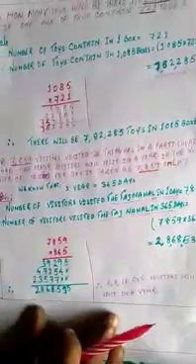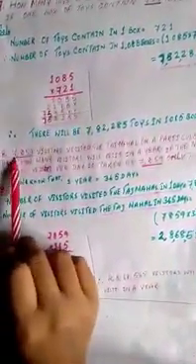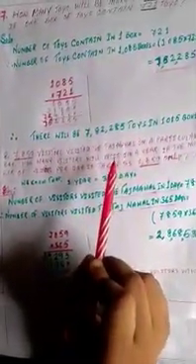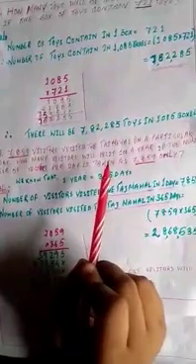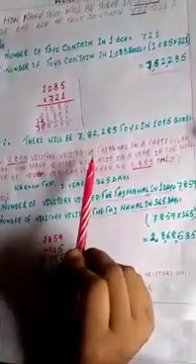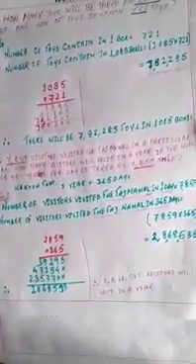Now see question number 8, that is: 7,859 visitors visited the Taj Mahal on a particular day. That means in a day, visitors visited the Taj Mahal. All of you know it is located in Agra. Some people are visiting every day there.